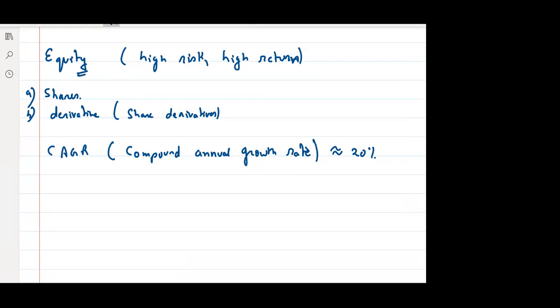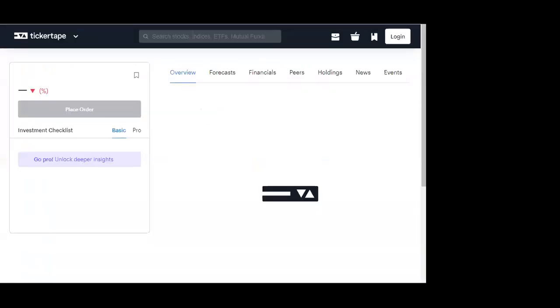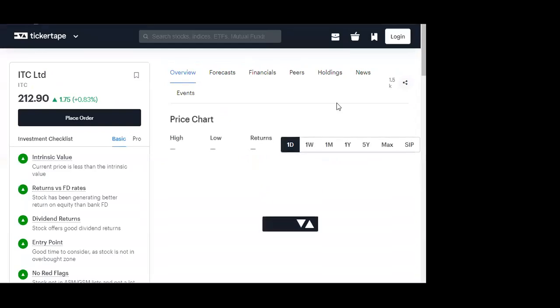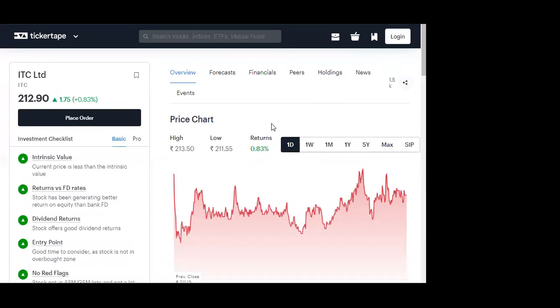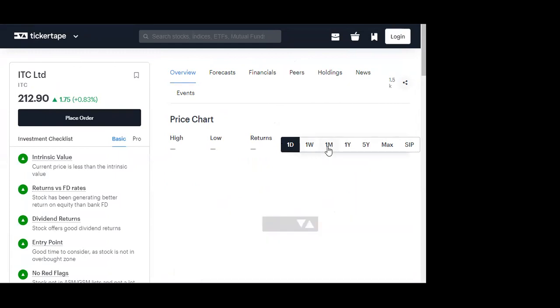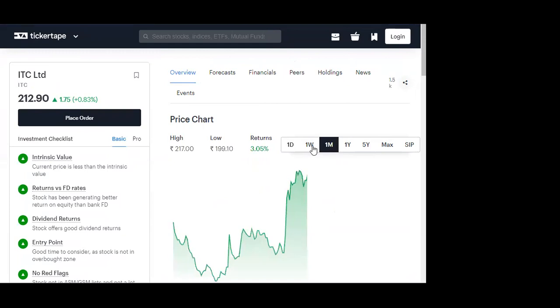So I'm giving you the example of ITC, because ITC is not giving lots of return. ITC is the best stock to see here. Indian Tobacco Company. Before the independence of India, it was Imperial Tobacco Company. Yes, very good.